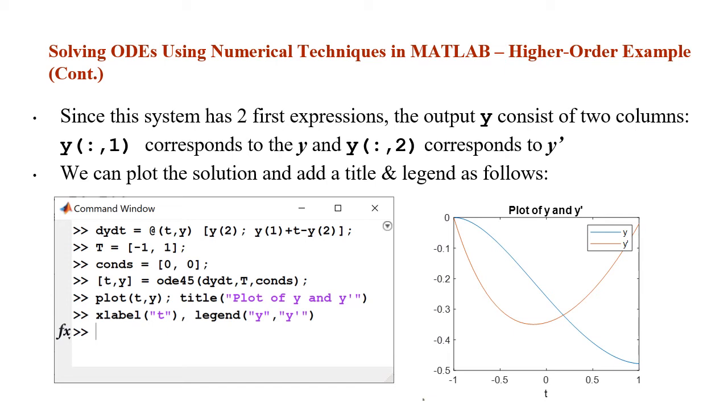If instead you want to plot only y, then you'll have to say plot(t,y(:,1)). Then you can simply add a title, plot of the solution y, and the x label would be t, the y label would be y. Simply, there is no legend if you only have one plot.